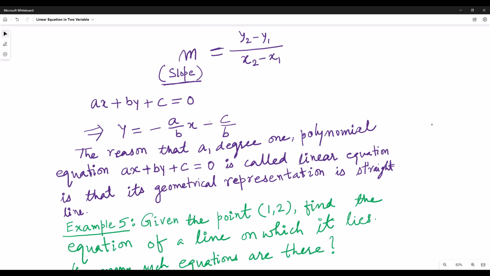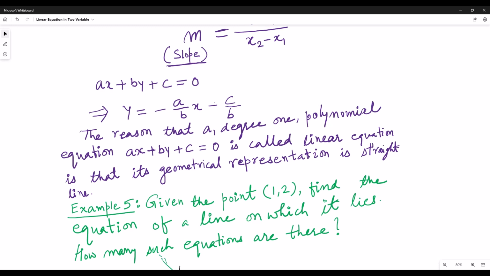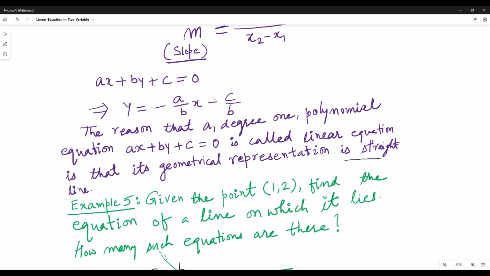A degree 1 polynomial equation is called a linear equation because its geometric representation is a straight line. That is why we call it a linear equation.